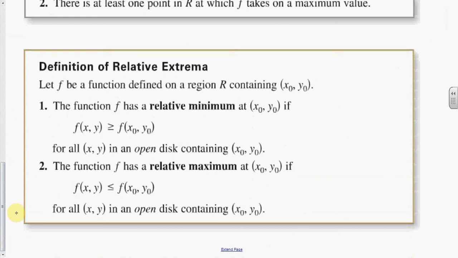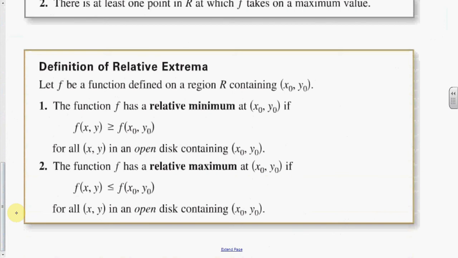And if there is a relative maximum at x naught, y naught, then for all arbitrary values within that function f, all those values evaluated here for f will always be either less than or equal to this so-called relative maximum.